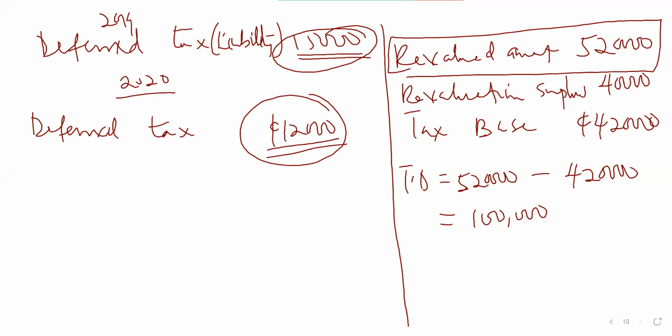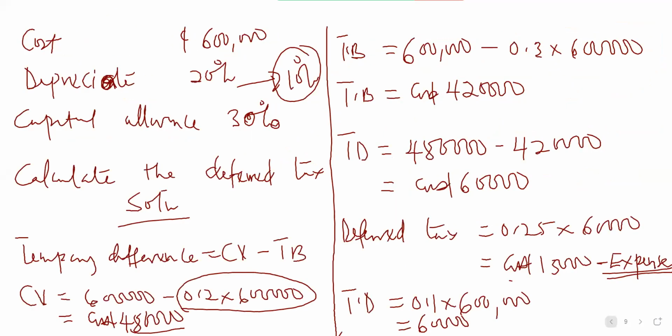But you can see that this 100,000 is including the effect of the revaluation surplus. Assuming the asset was not revalued, our temporary difference should have been what? 60,000, isn't it? Yes, sir.